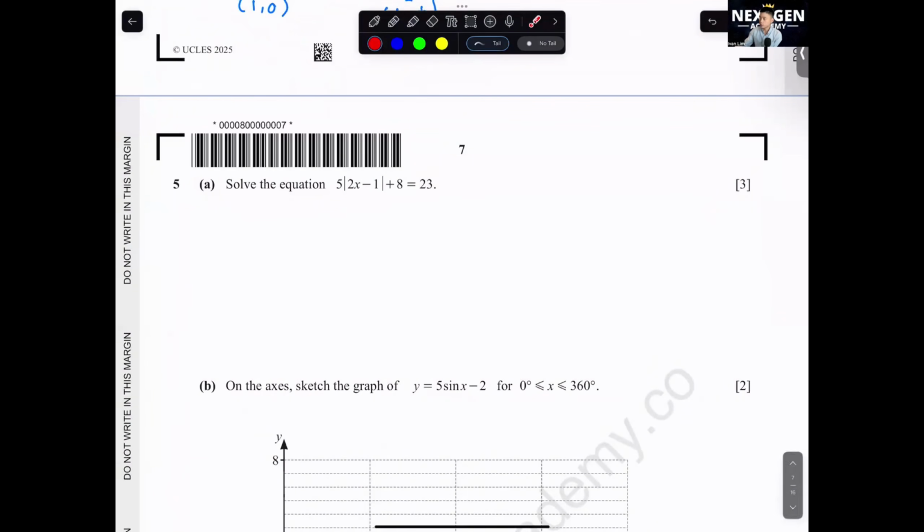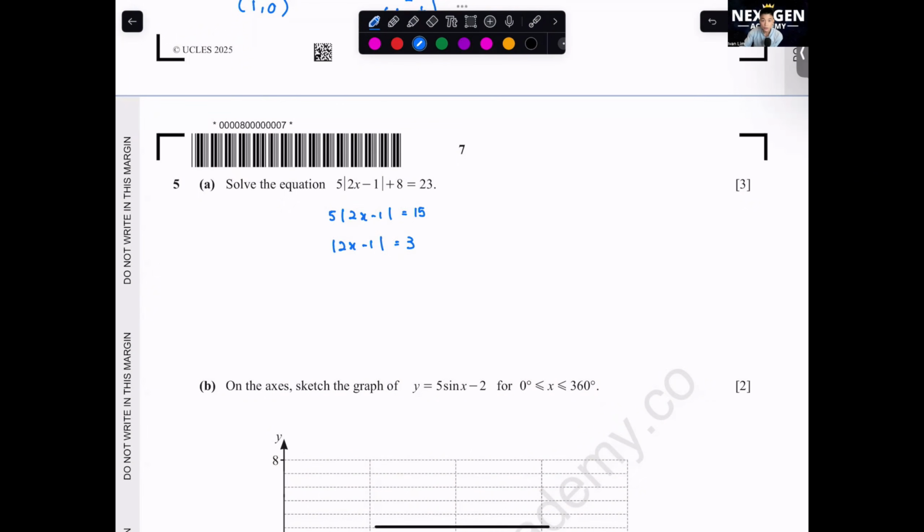Solve the equation 5 modulus 2x minus 1 plus 8 equals to 23. Okay, we'll bring the 8 over first. 5 modulus 2x minus 1 equals to 23 minus 8, which is 15. Modulus 2x minus 1, 15 divided by 5, which is equal to 3. When we want to take away the modulus, we put a plus minus.